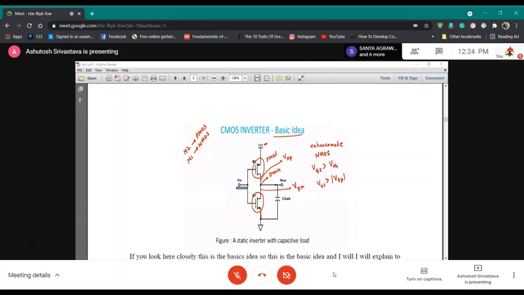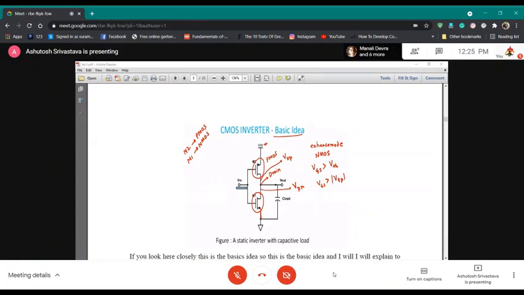And that is how an engineer is working. The engineer is trying to make things better in terms of performance.